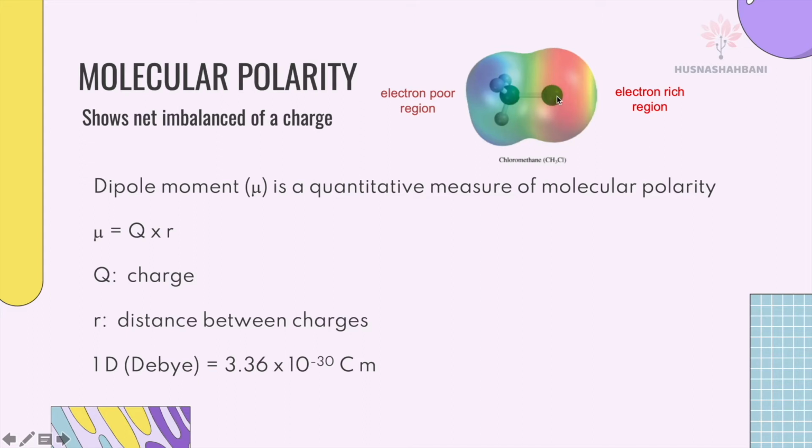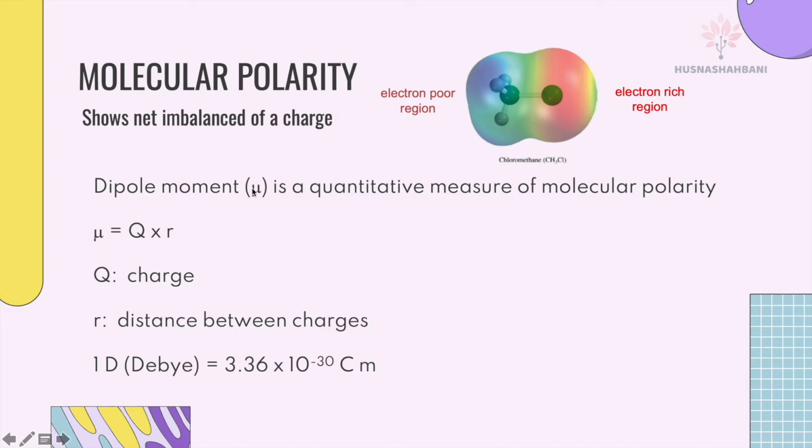Chlorine is more electronegative compared to carbon and hydrogen, meaning the bonding electrons will be closer to the chlorine, causing this region to be electron-rich, and the region of the less electronegative atoms to be electron-poor.